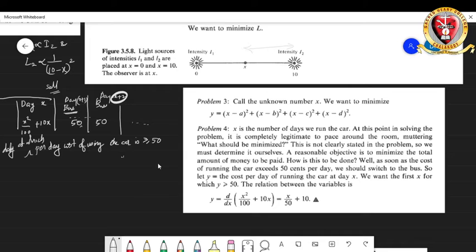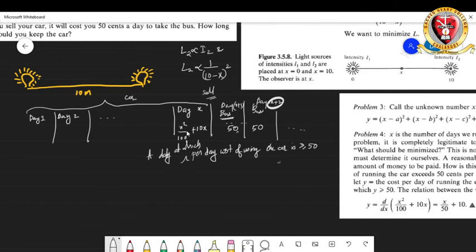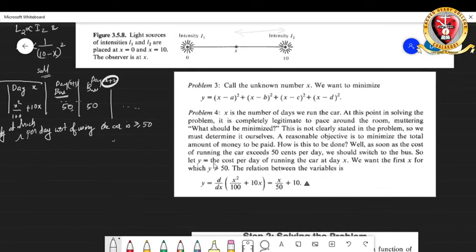As we said, this is actually the total cost of running the car till day x. So the per day cost can be calculated. It is the rate of change per day, right? So if y is the cost per day of running the car at day x, we can understand that y is equal to the rate of change per day.